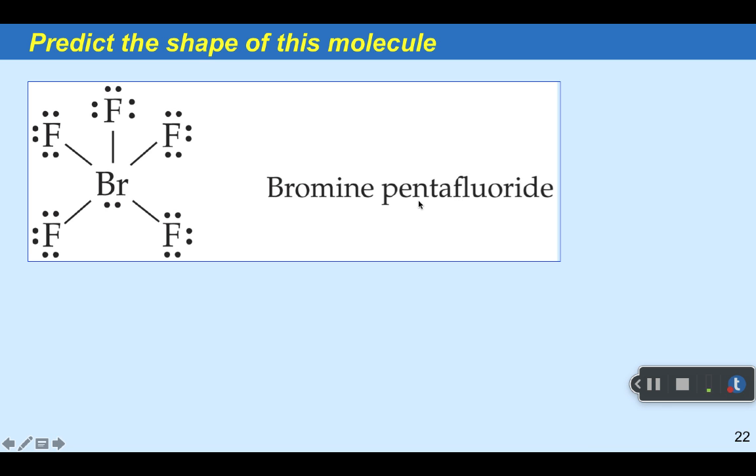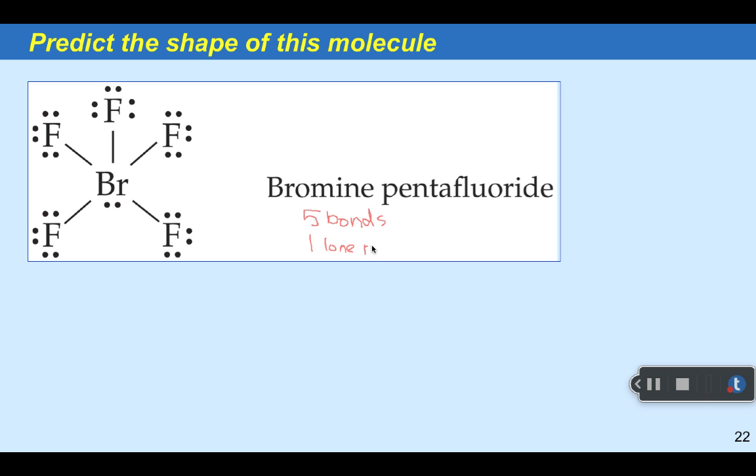We have bromine pentafluoride, a molecule whose name is hard to spell, but let's discuss the geometry. So what in the world do we expect for the shape of the molecule? Well, the central atom has 5 fluorines attached, so we have 5 bonds. And when you've counted up the valence electrons, it becomes evident that there has to be also a lone pair on the bromine.